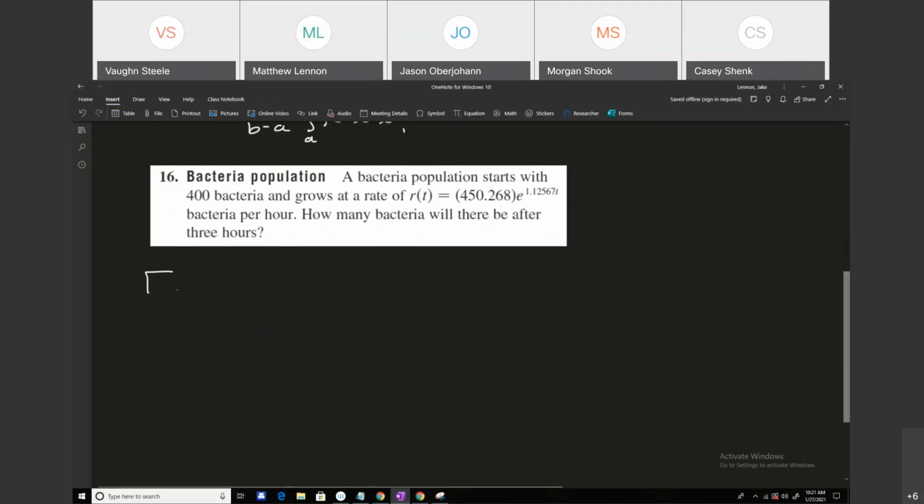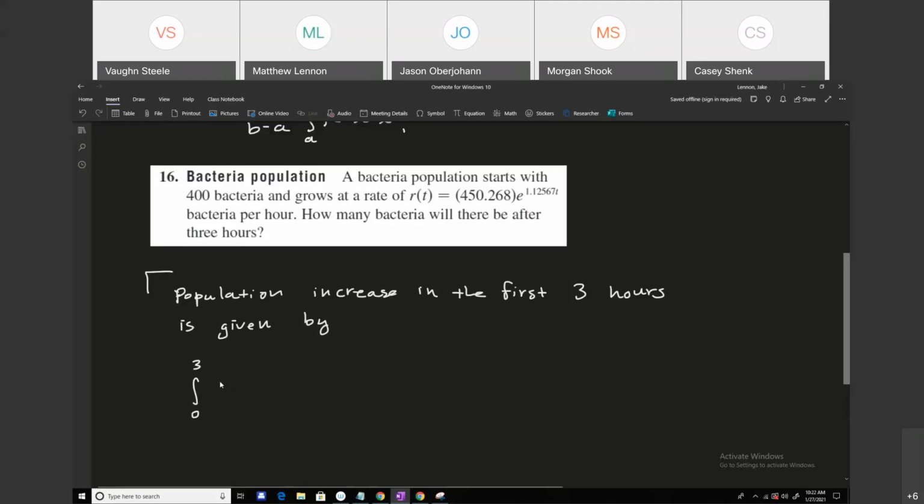They're asking how many bacteria there will be after 3 hours. So let's go ahead and say the population increase in the first 3 hours is given by the integral from 0 to 3 of this exponential function, 450,268 times e to the 1.12567 t dt.